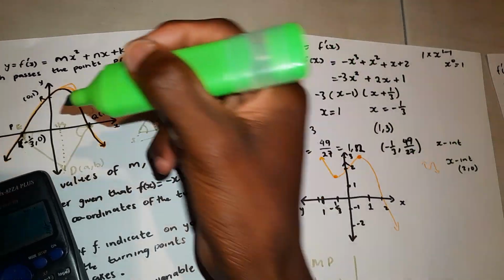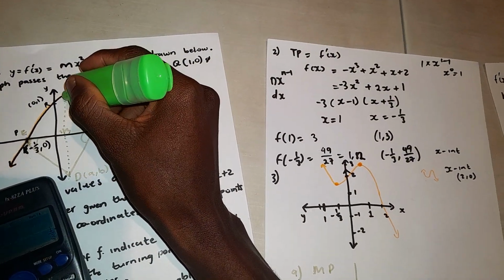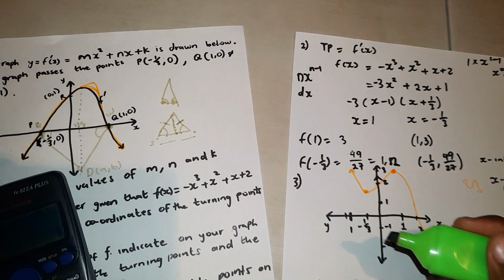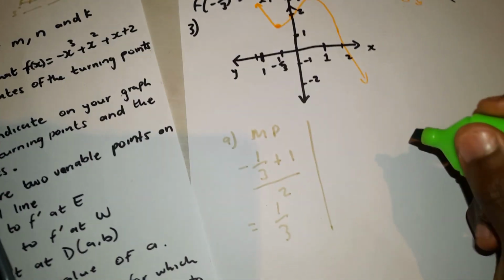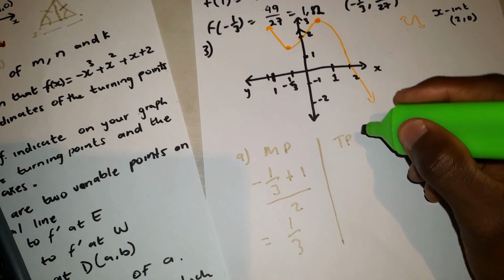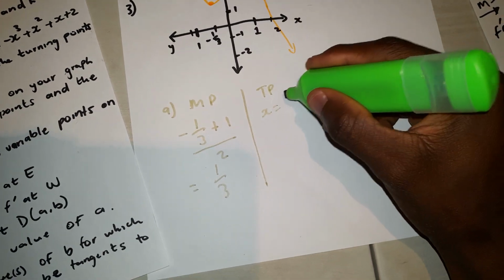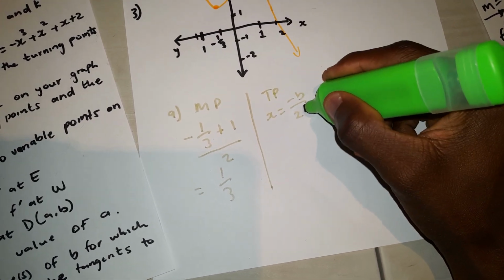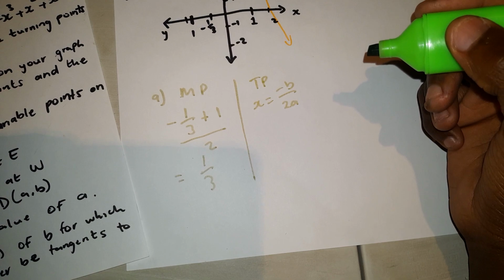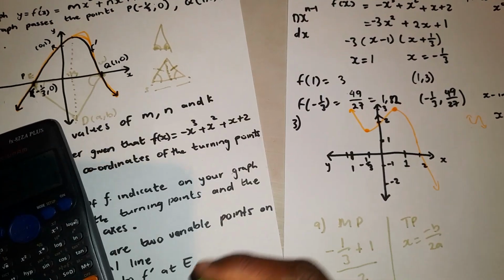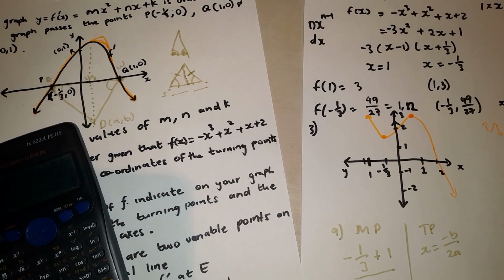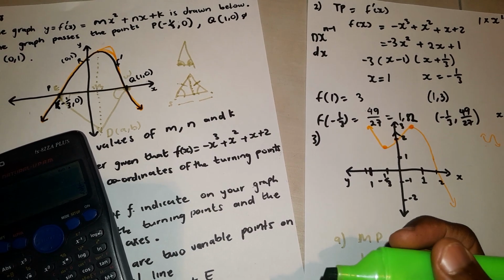Try to find the turning point here, and we know that for the turning point, x is minus b over 2a. Why use the turning point? Many of you may ask.